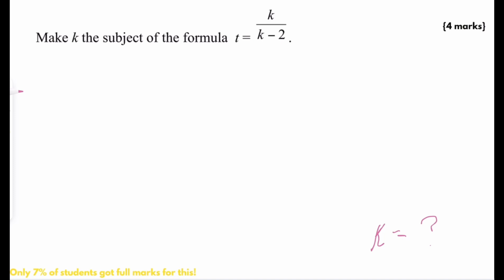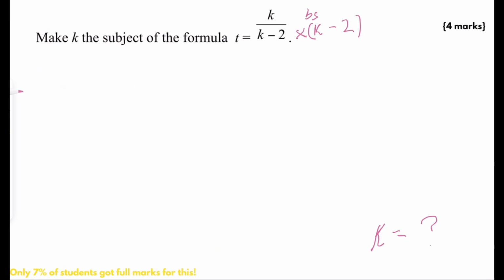So when you have questions like this and you see a fraction, it's normally easy to get rid of the fraction. Okay, so let's try and get rid of this fraction on this side, k over k minus 2, and times both sides by k minus 2.